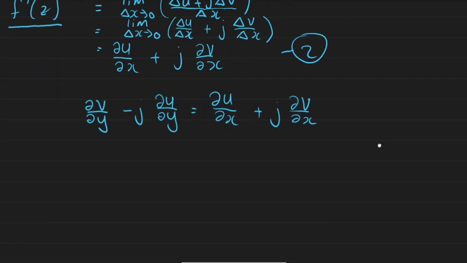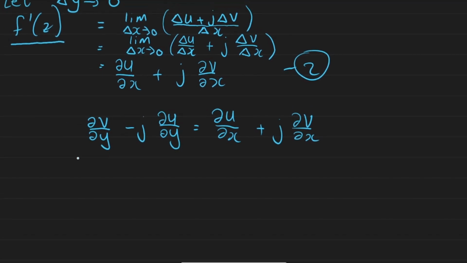We will now equate the real parts and the imaginary parts. If we equate the real parts, that means ∂v/∂y is going to equal ∂u/∂x. And it's also going to mean that ∂v/∂x is going to equal minus, there's a minus sign there, ∂u/∂y.